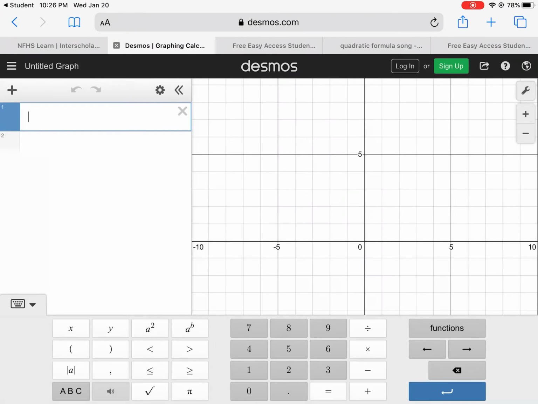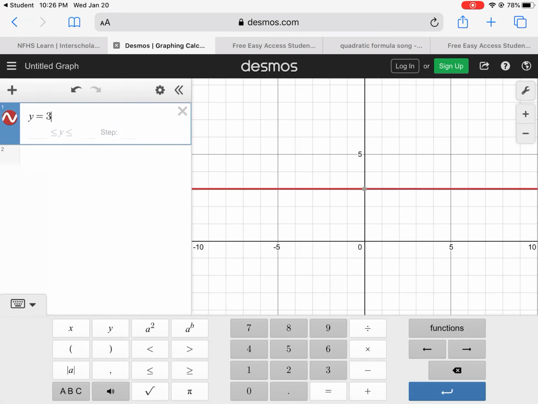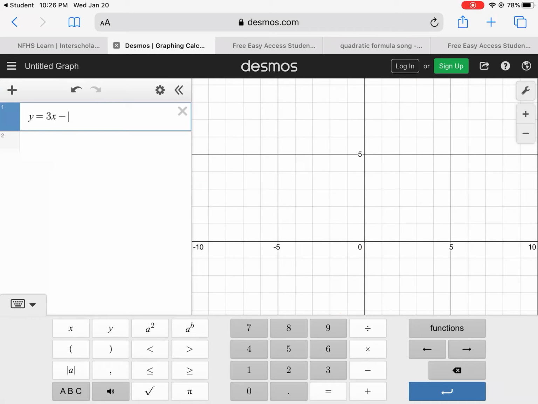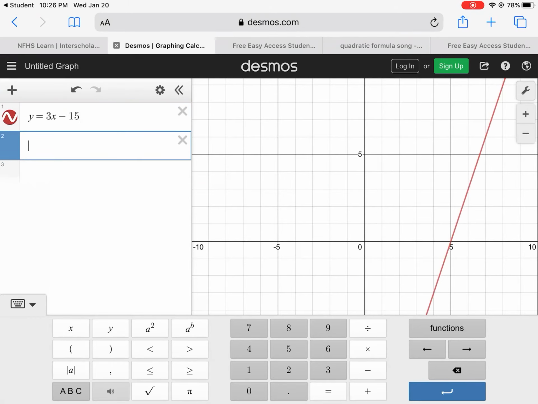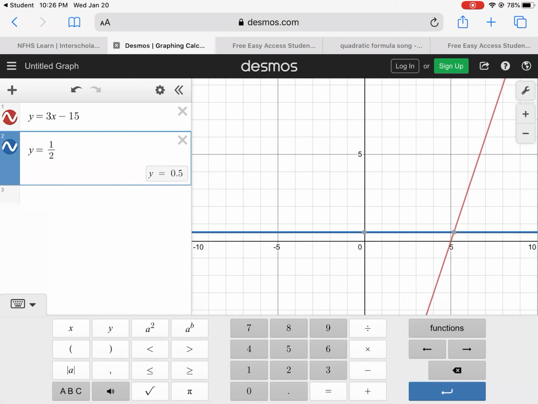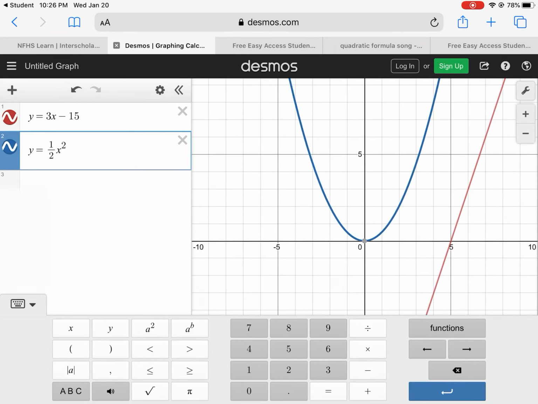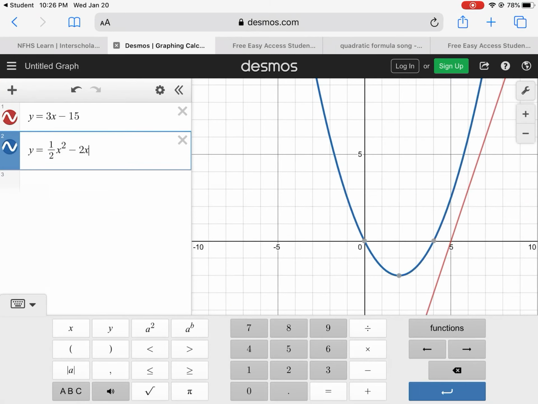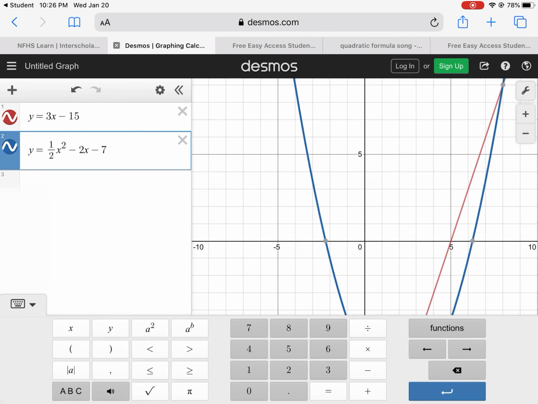In Desmos, you're able to plug in those same systems. So we could plug in y is equal to 3x minus 15. There's our first line. We can plug in the second one, which would be y is equal to 1/2 x squared minus 2x minus 7.